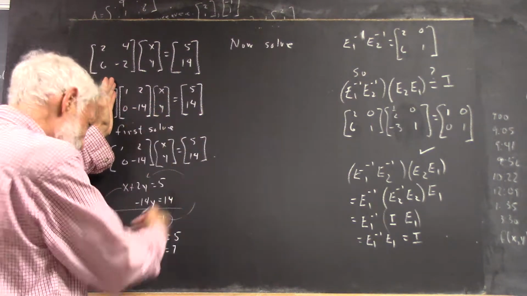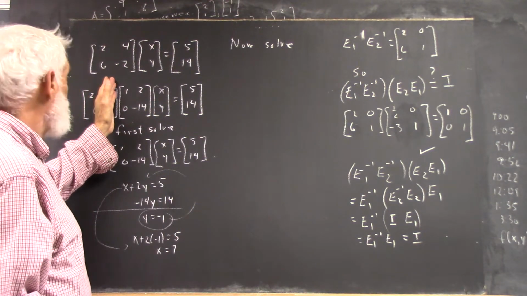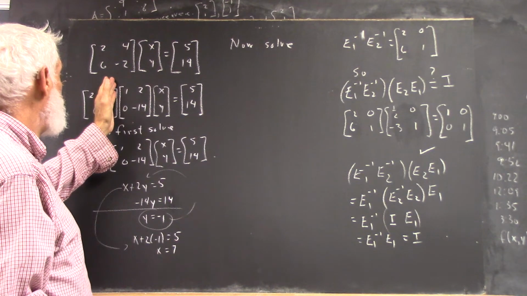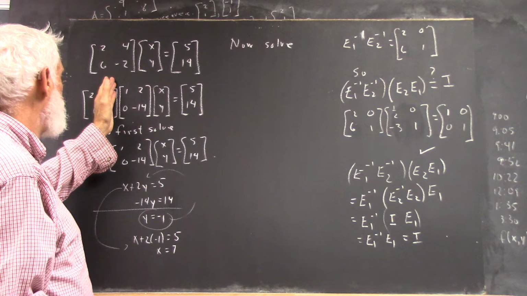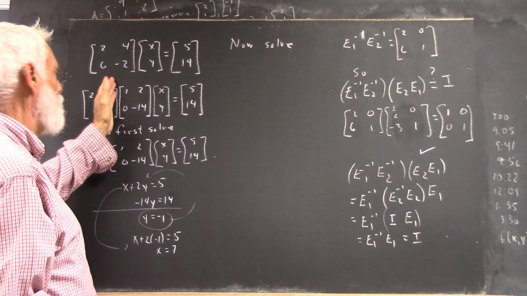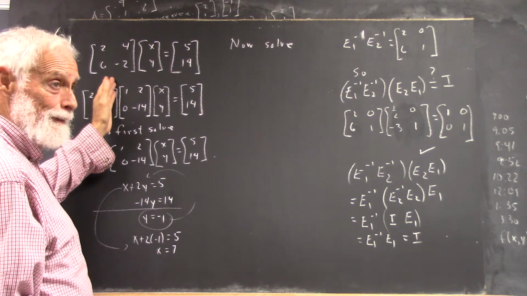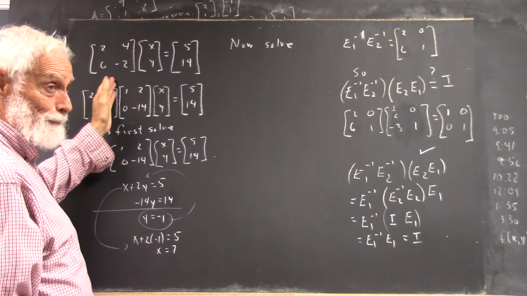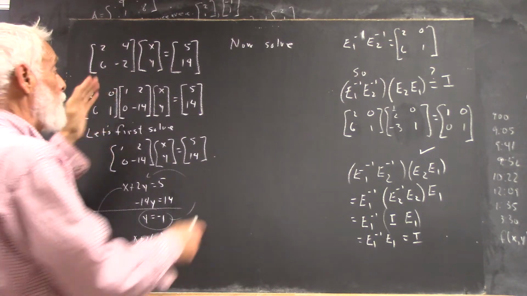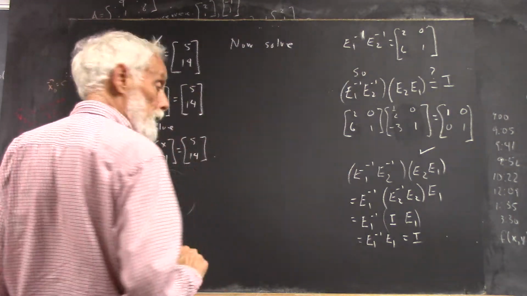Well, 7, negative 1. And I did this backwards. It doesn't get us anywhere. But it was fun. We're going to do it right now.